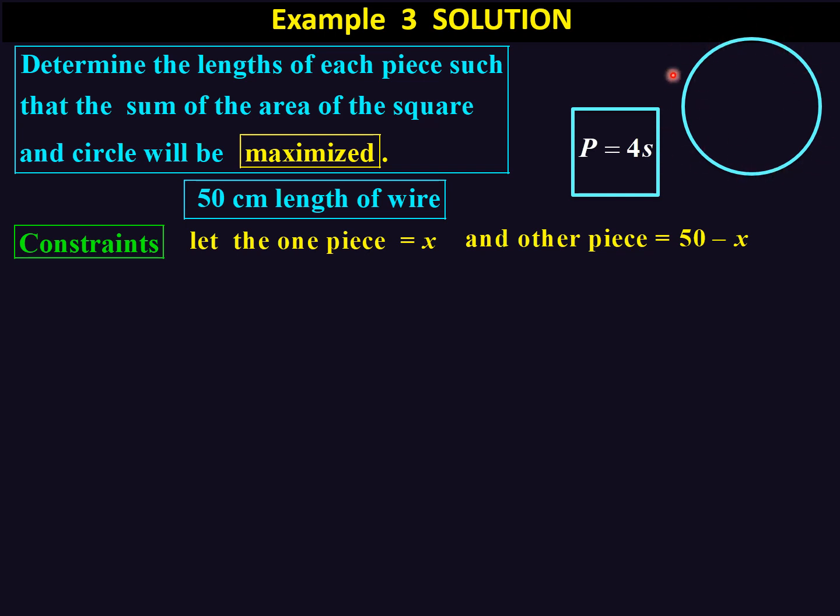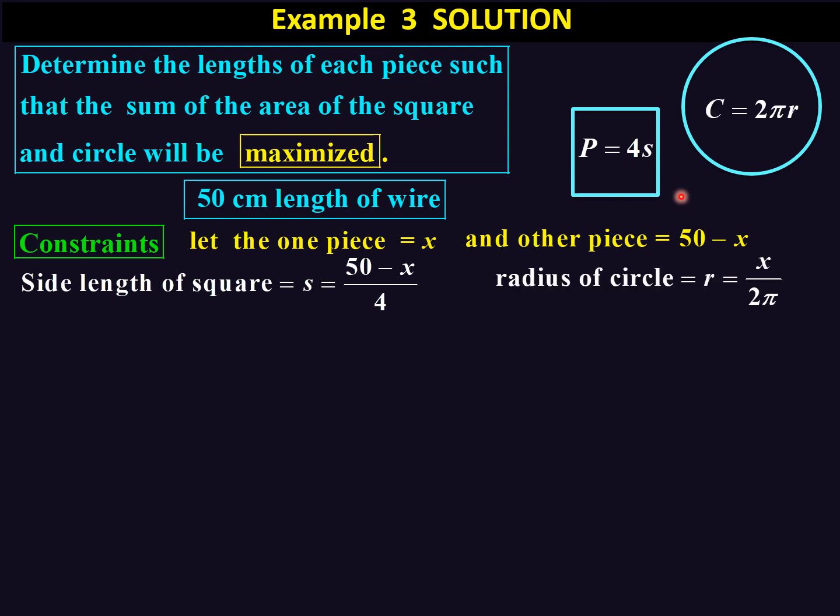We could say perimeter, but there's another word we use here. That's right, the circumference. So we use the circumference, and the radius of the circle is r equal to x divided by 2 pi.